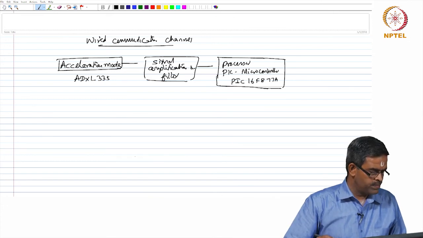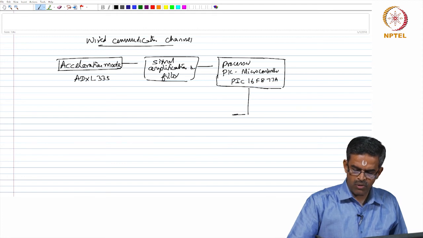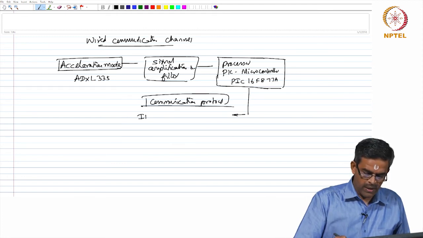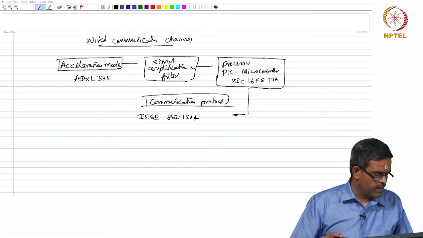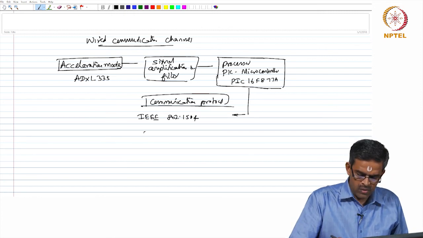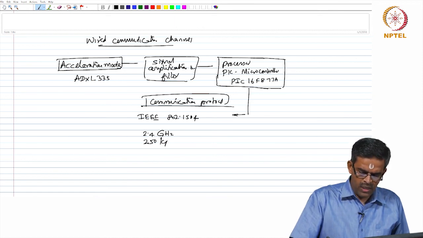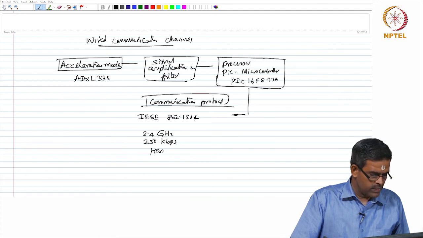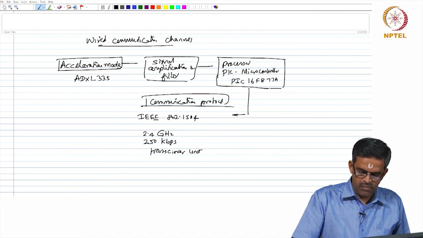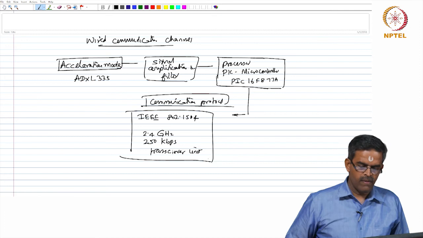Then it may lead to the communication protocol, which is essentially IEEE 802.15.4, a capacity specification of 2.4 gigahertz, 250 kbps transceiver unit, which is being used in the design in wired systems.